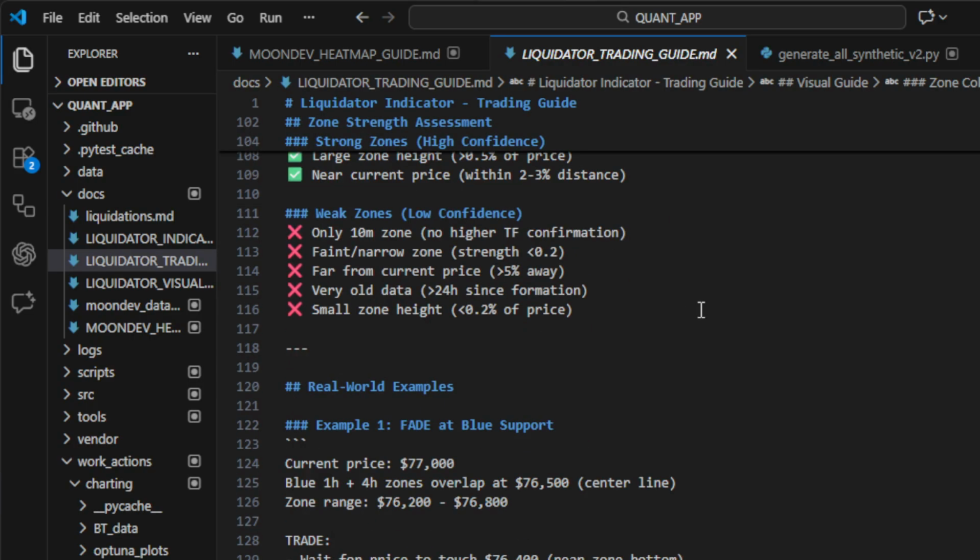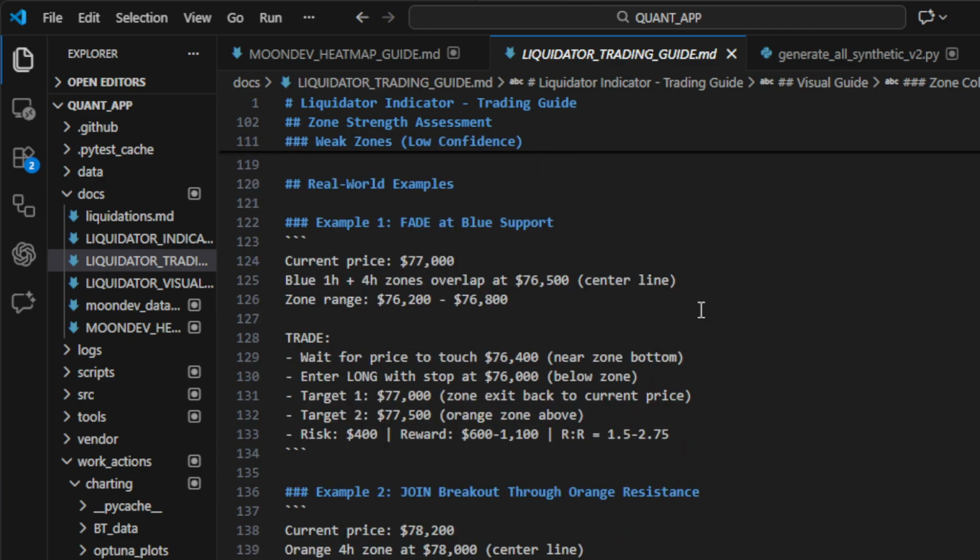Weak zones, low confidence: only 10M zone, no higher TF confirmation, faint narrow zone, strength lower than 0.2, far from current price over 5% away, very old data over 24 hours since formation, small zone height below 0.2%.